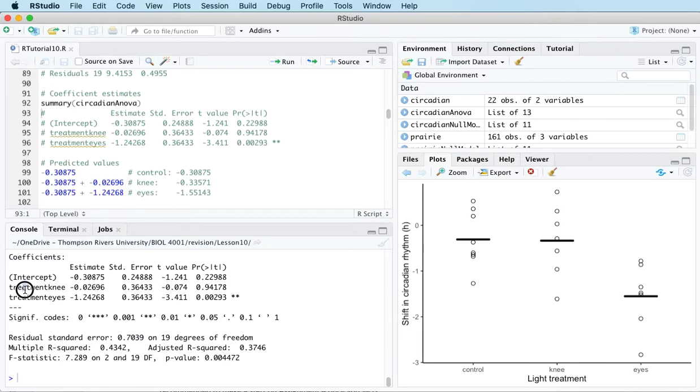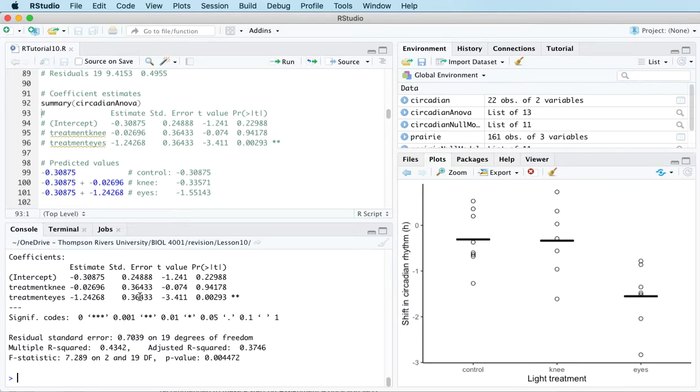And then this predictor variable here represents the difference between knee and the reference level. So it's the difference between knee and control. And then this one that says treatment eyes is going to be the difference between the eyes treatment and control.